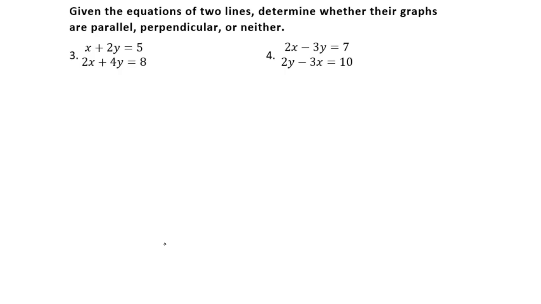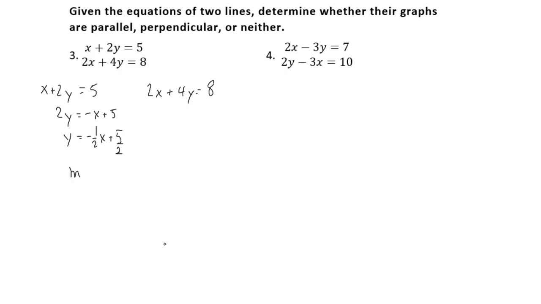Okay, so we need to put it in slope-intercept form. So x plus 2y equals 5, and 2x plus 4y equals 8. 2y equals negative x plus 5. Y equals, divide everything by 2, negative 1/2 x plus 5 over 2.